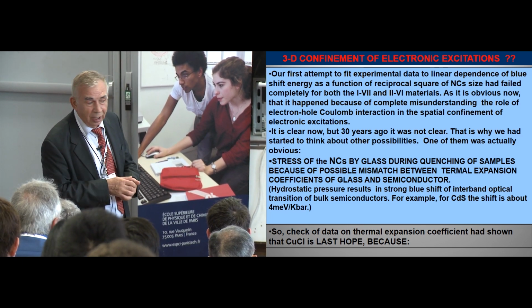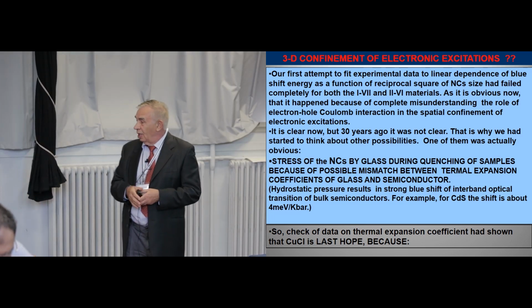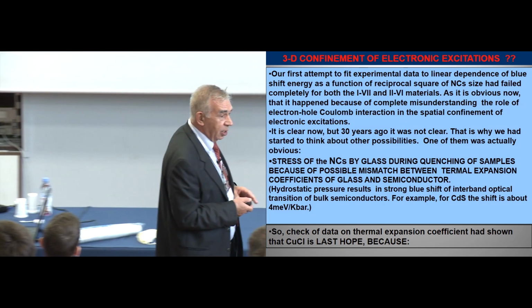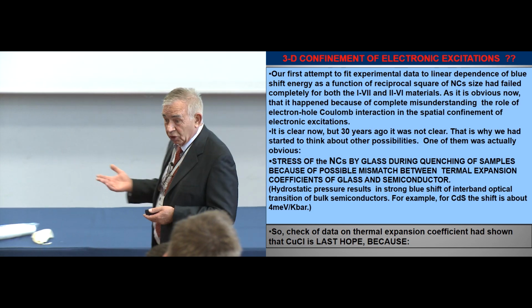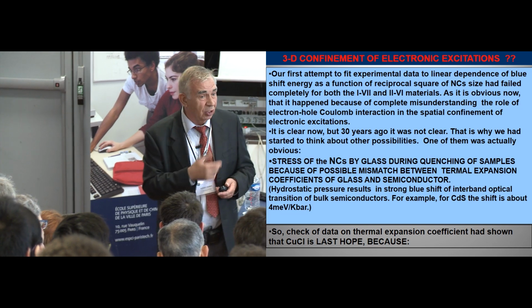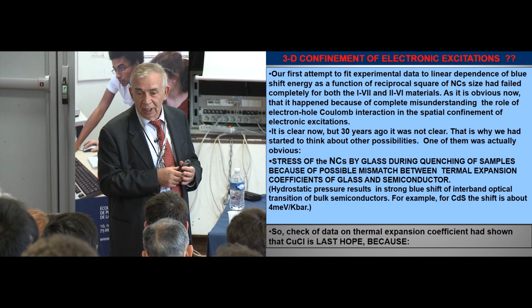If, for example, the matrix shrinks faster than the crystal, there should be some pressure. And it is known that pressure in semiconductors always moves the forbidden gap to higher energies, the same blue shift. And as we checked in the literature, for copper sulfide, for example, it is actually a huge shift. It is 4 milli-electron volts for 1 kilobar.